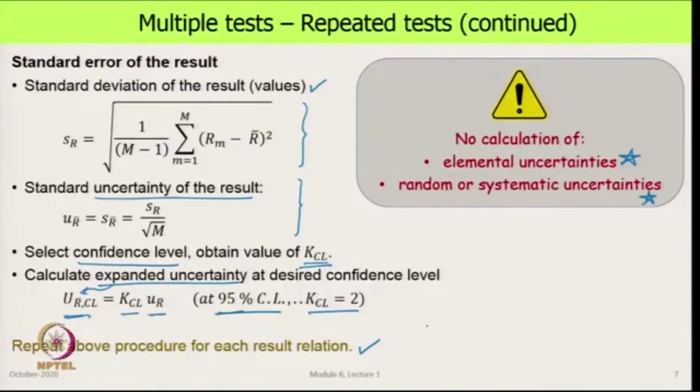So, finally, we would express the result as R bar plus minus U R bar at some confidence level. This is in terms of units, or we could give a percentage value by dividing it by the mean value of the result and expressing this as so much percentage.